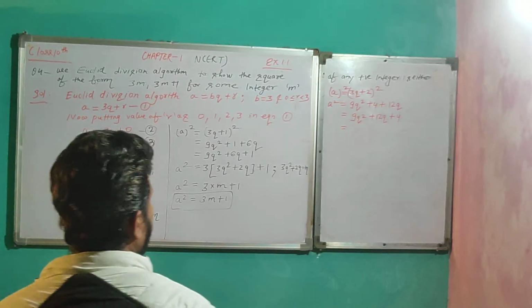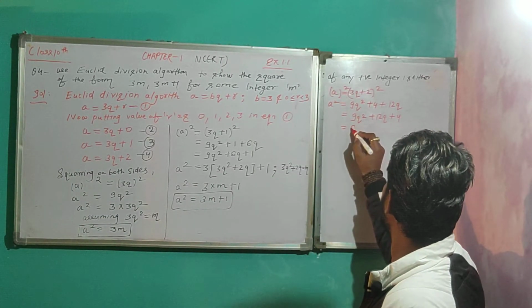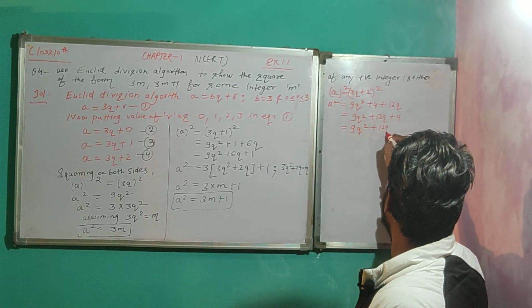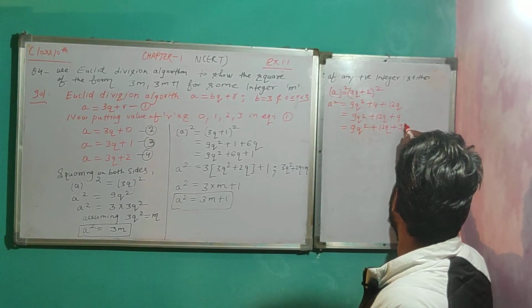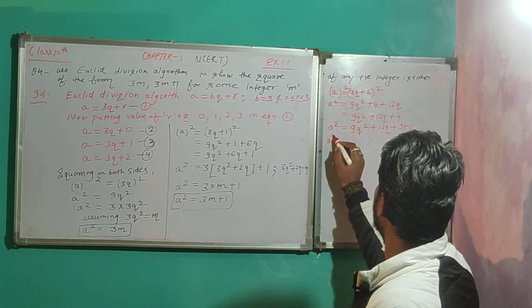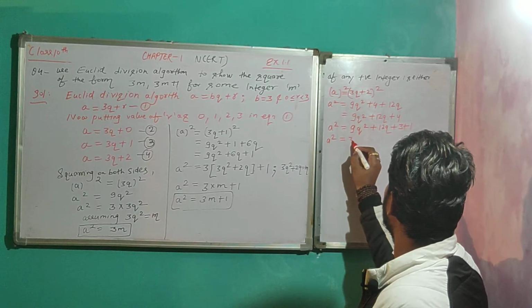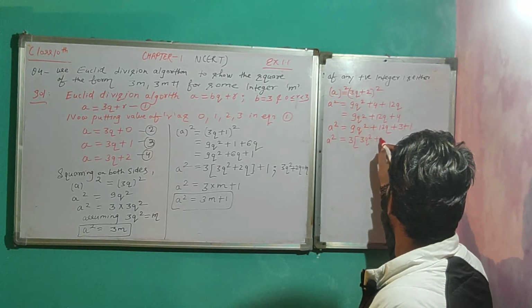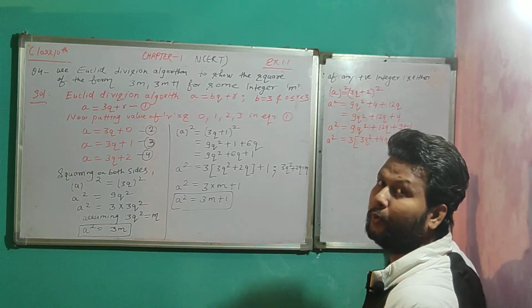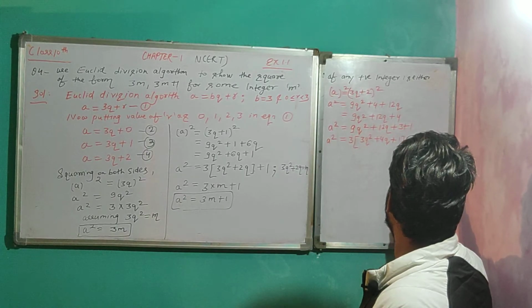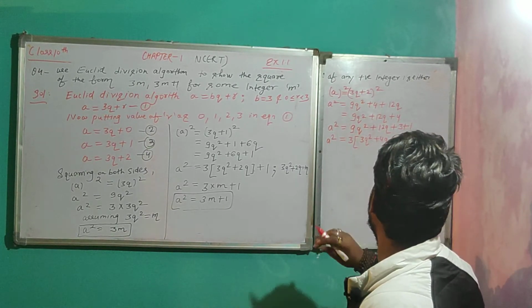Now coming back, rearranging this, 9q square plus 12q plus 3 plus 1 is equal to a square. Therefore a square is equal to, taking 3 outside, 3 times 3q square plus 4q plus 1, plus 1.